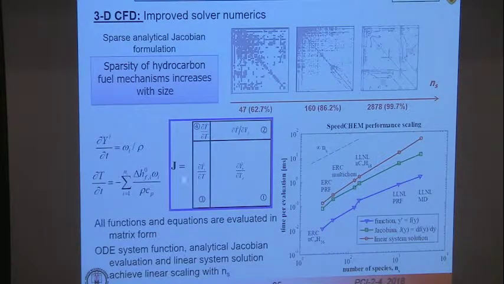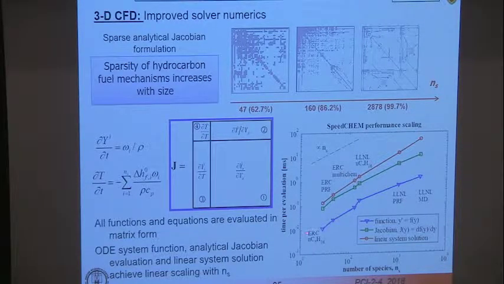So here's the form of the Jacobian matrix. And then essentially to solve this Jacobian, recognizing that it's a sparse matrix. If you only have 47 species, then it's not very sparse. But by the time you get to larger number of species, the matrix, if you look at its elements, is really sparse. And we make use of that sparsity to increase the solutions.